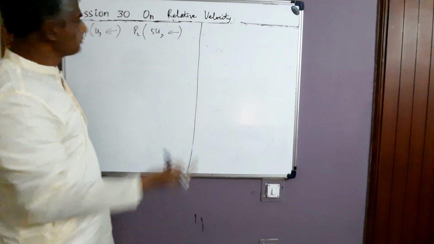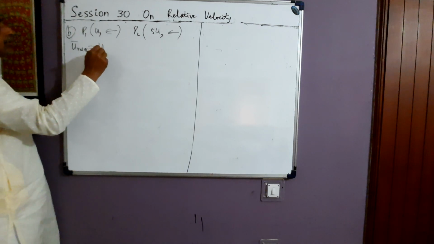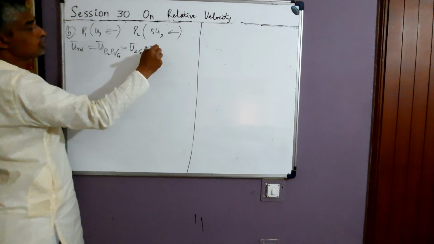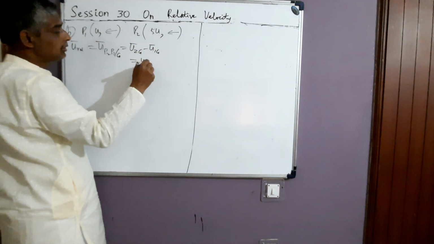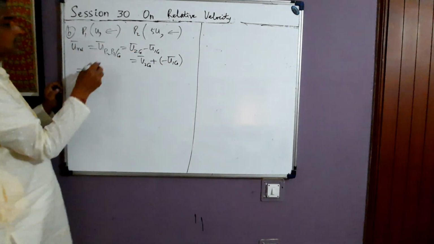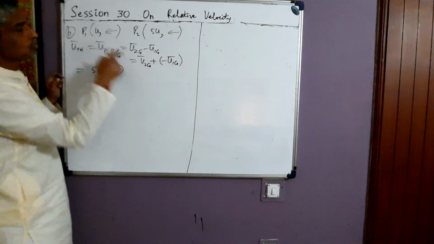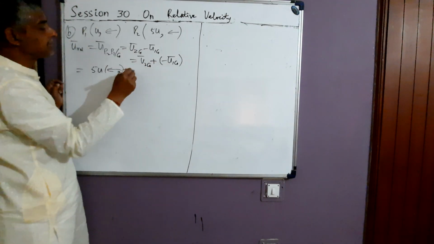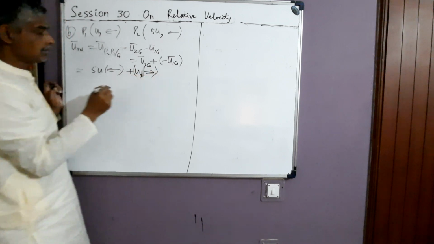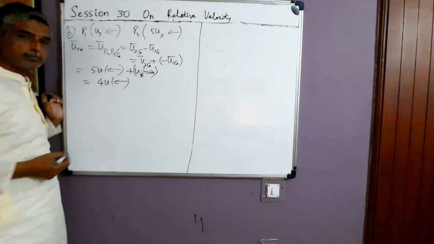Again we determine U relative as we did just now in part A. U relative is just U of P2 with respect to P1, that is equal to U2 minus U1, that is U2 plus minus of U1. U2 is 5U left and U1 is U left, so minus U1, that is the reverse of U1, will be U right. So 5U left and U right, from the parallelogram law of vector addition, will be 4U left.